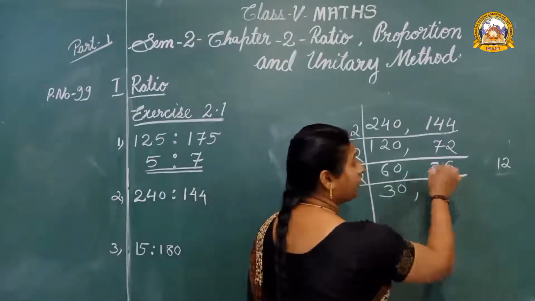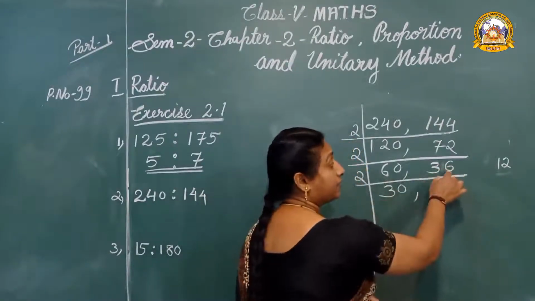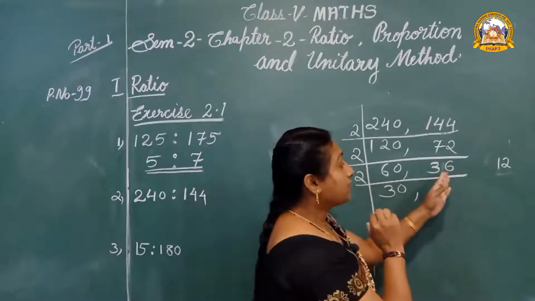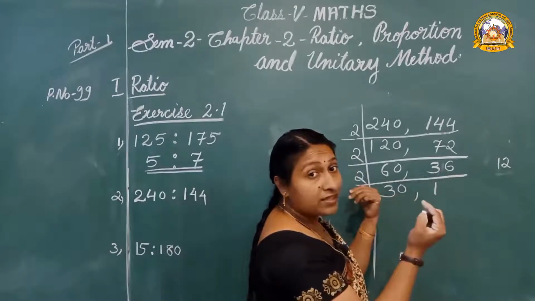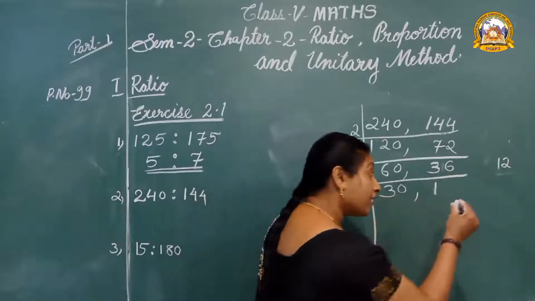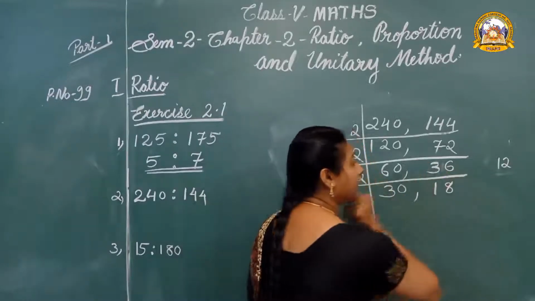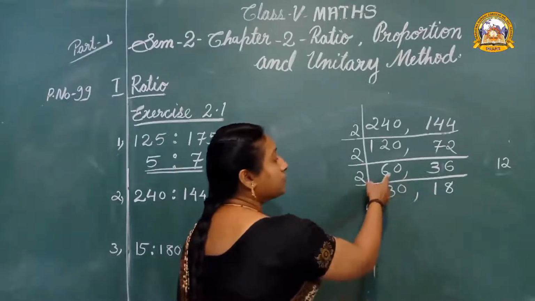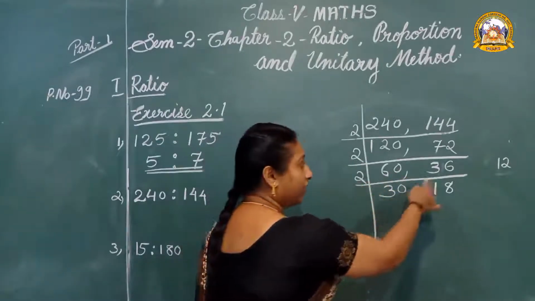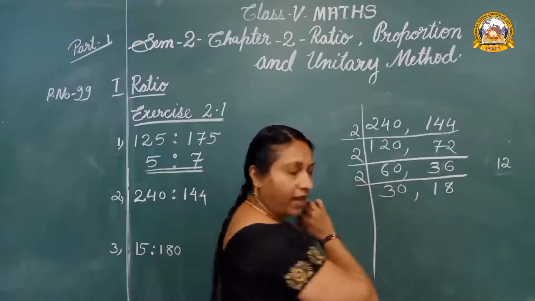Let us put the 1 behind this 6. So 16. 16 divided by 2. How many 2s are there in 16? 2 8s are 16. So 60 divided by 2 is 30. 36 divided by 2 is 18.